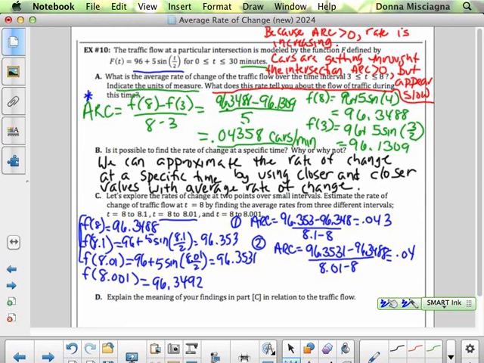And the one after that is 96.3488 minus 96.3488, so we've got 0. All right, so the next one was 96.3492 minus 96.3488 divided by 8.001 minus 8.